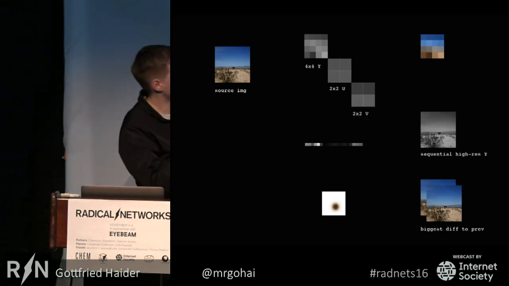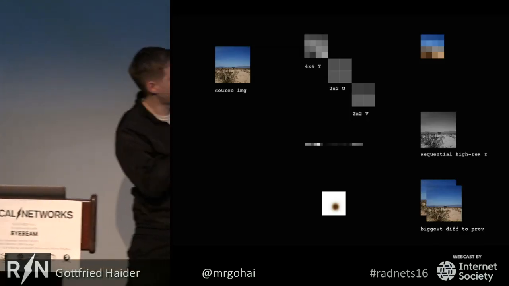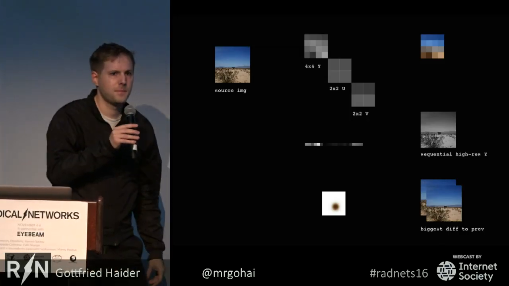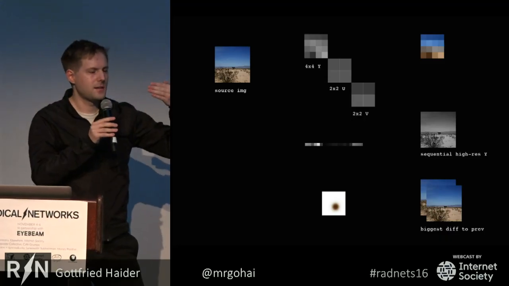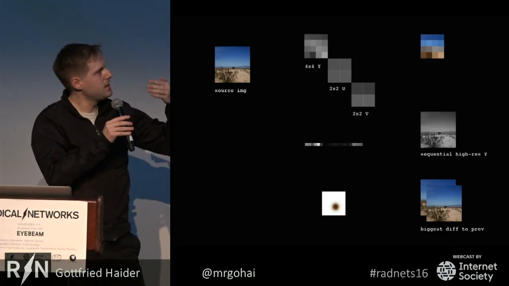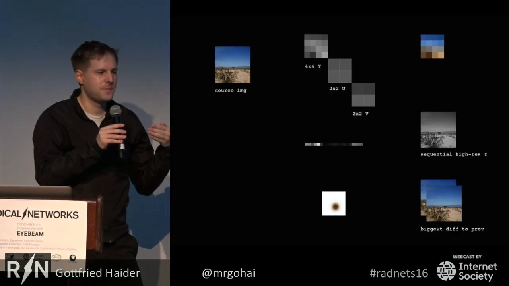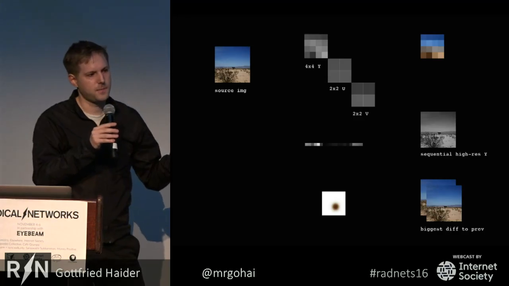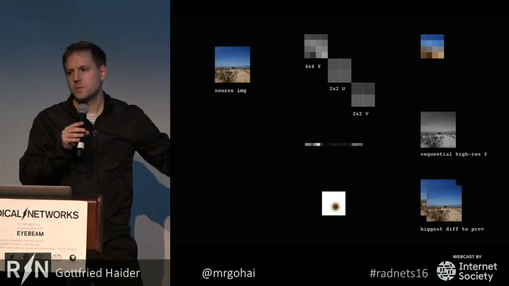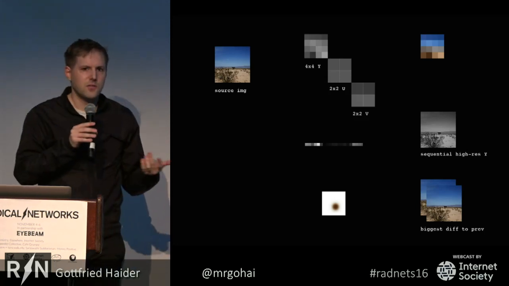In the middle there is this thing labeled sequential high resolution Y. The software is trying to get the image that has the highest level of detail in the last 24 hours. There might be times when there is more contrast, and times when there is less contrast, for example, in the evening.